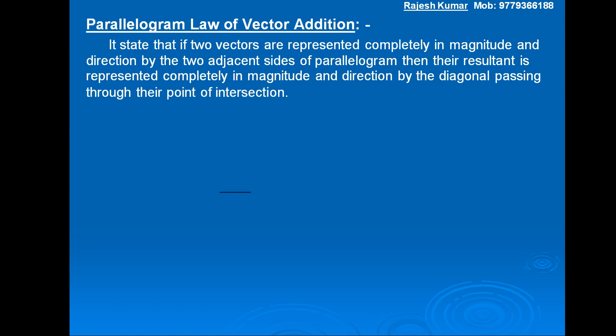For example, suppose this is a parallelogram OACB. OA is represented by a vector P. Vector Q is represented by adjacent side OB.